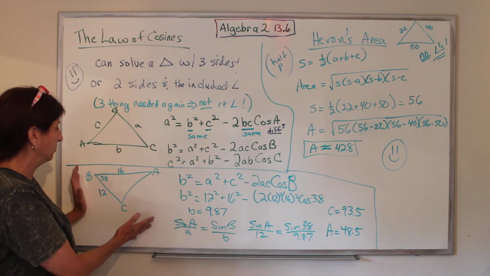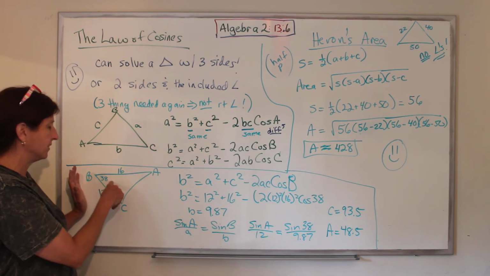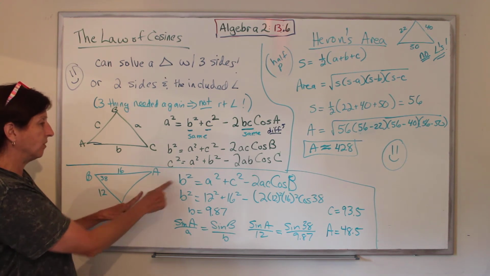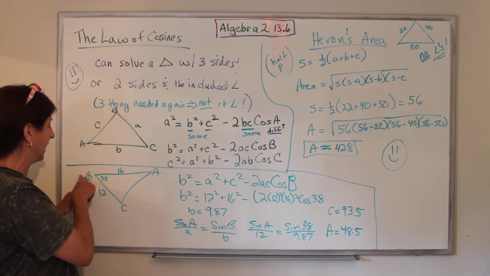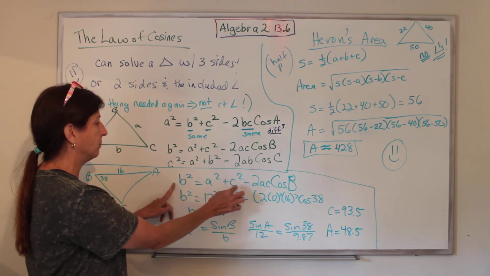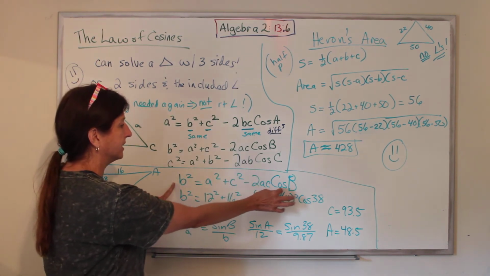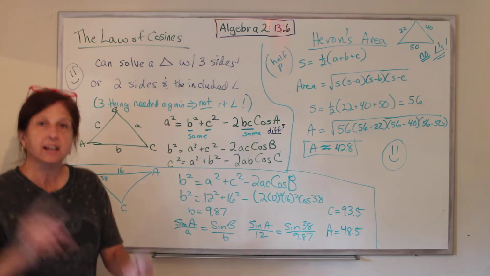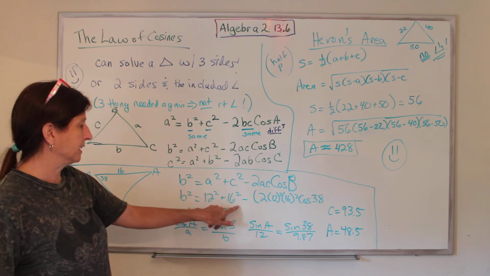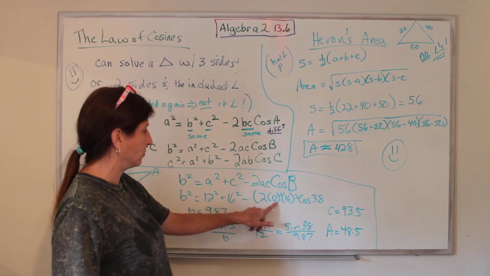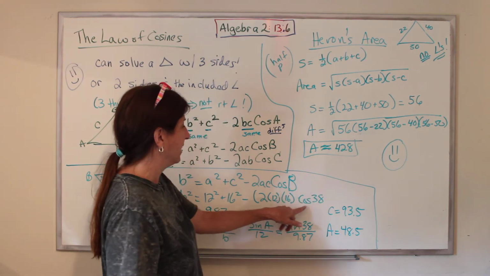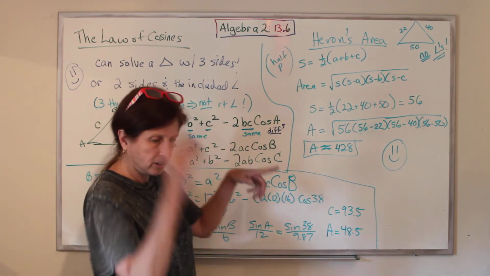Alright, here's an example. I've got 2 sides and the included angle. My angle is b, so I'm going to solve for b squared. It's my 2 sides, a squared plus c squared minus 2ac cosine b. Now I substitute and put them in: 12 squared plus 16 squared minus 2 times 12 times 16 times cosine 38.